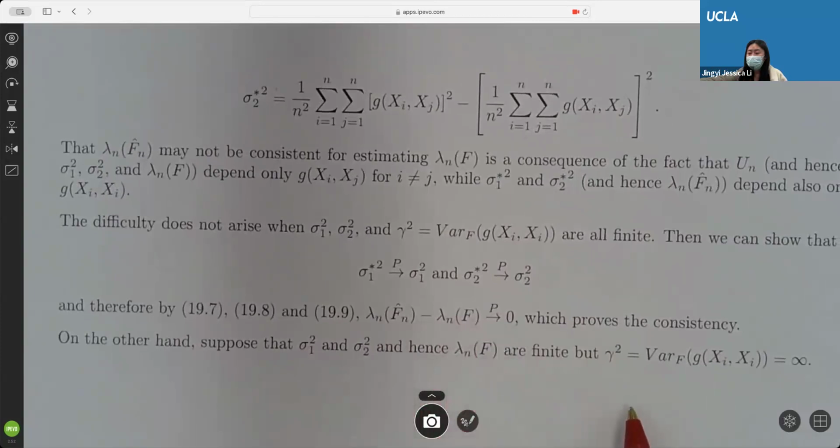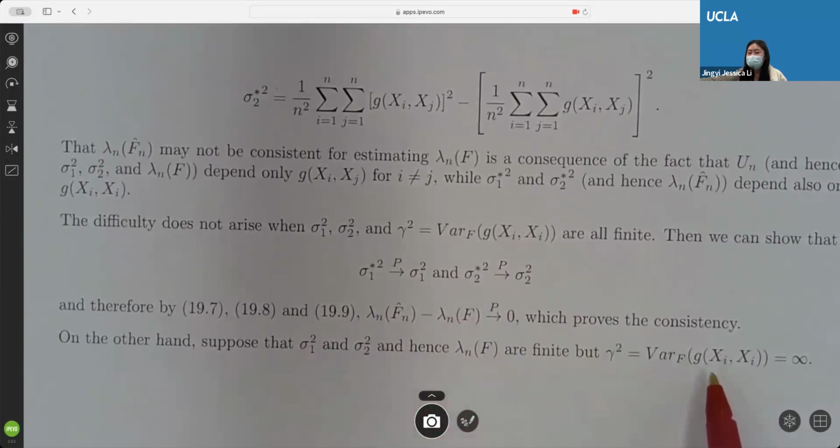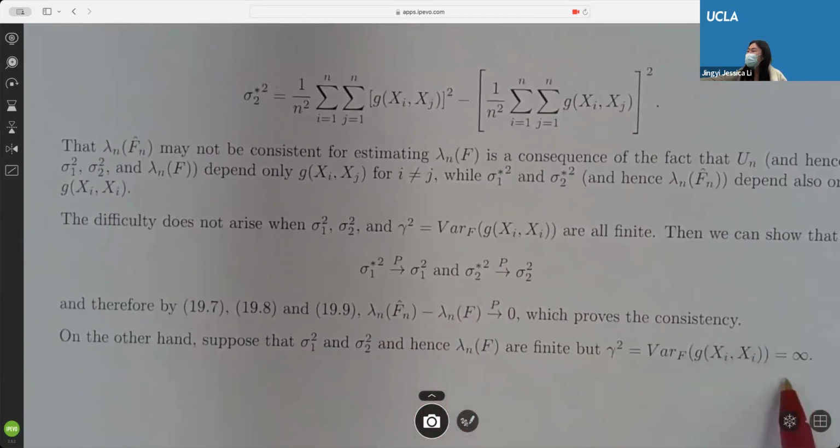However, if this identical g(Xi, Xi) term has infinite variance, then this whole thing breaks down, right? So you cannot ignore that term. That's the intuition. The biggest challenge for Bootstrap is that you may have the sample with replacement issue.